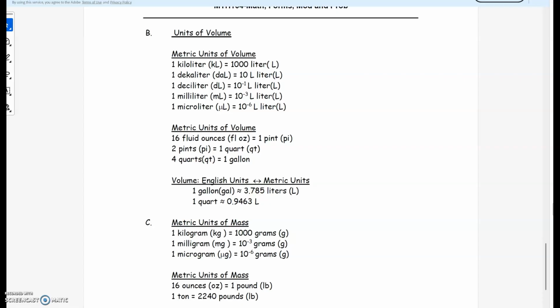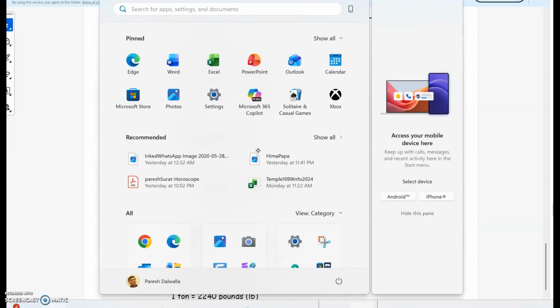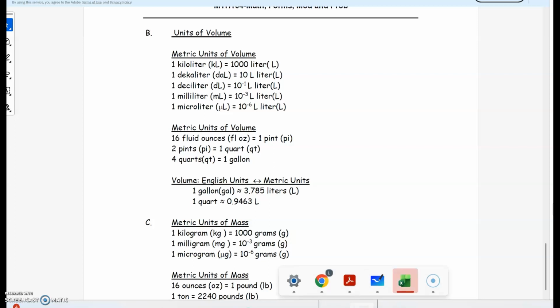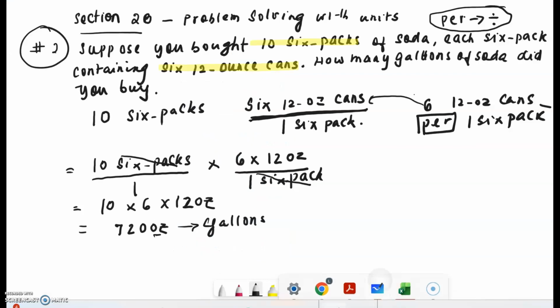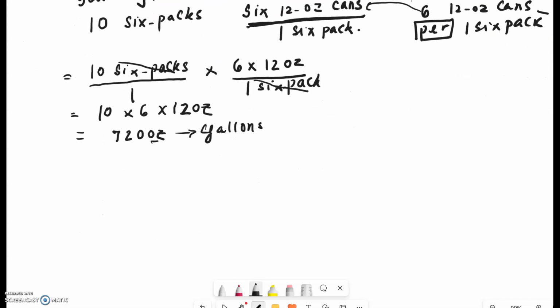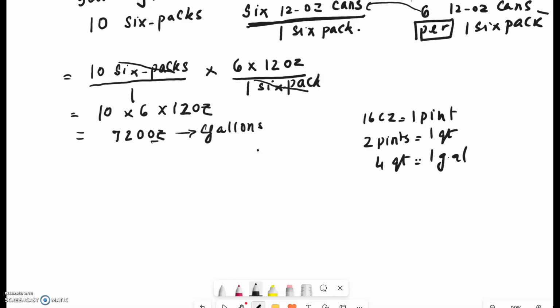Let's switch back to the whiteboard. We don't have a direct conversion from ounces to gallons, so we're going to use multiple equations. So we have 16 ounces is equal to 1 pint, 2 pints is equal to 1 quart, and 4 quarts equal to 1 gallon.